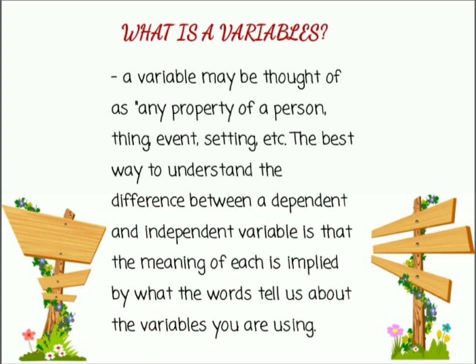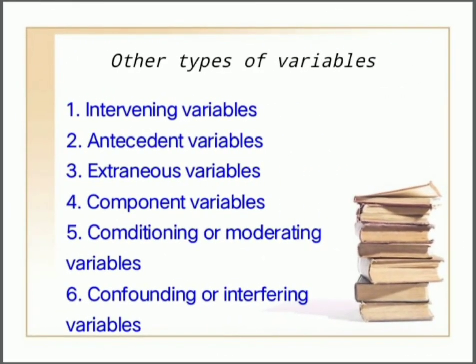Aside from dependent variable and independent variable, there are other types of variables, and these include intervening variables, antecedent variables, extraneous variables, component variables, conditioning or moderating variables, and confounding or interfering variables.